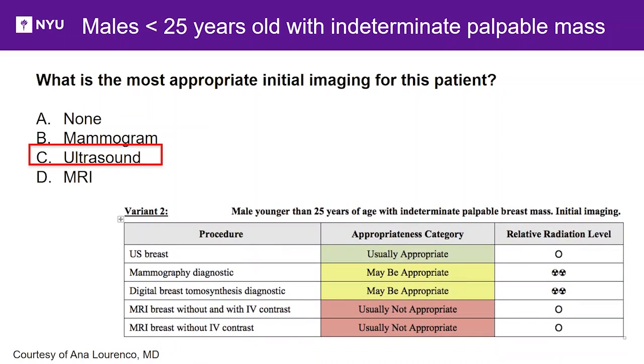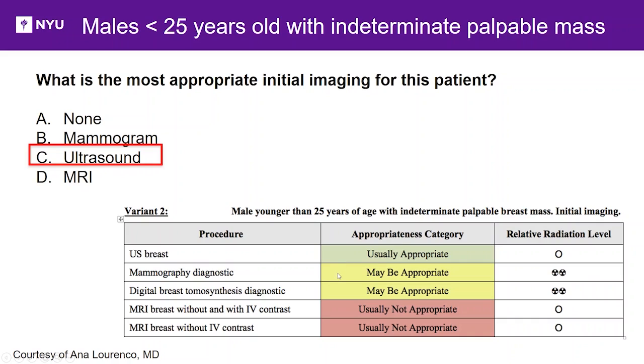Again, I'm going to show you the second variant in the appropriateness criteria for the management of symptomatic males. And here, we focus specifically on males younger than 25 years of age who present with this indeterminate palpable breast mass. You can see that usually we will divide all the imaging exams into 3 different criteria.